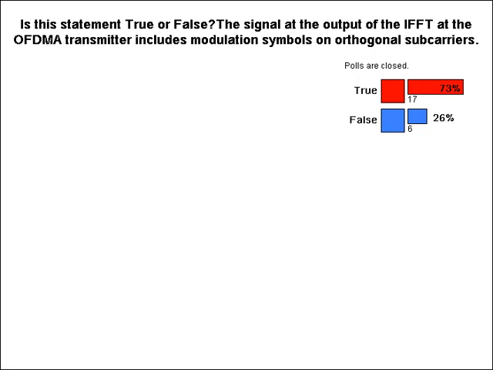So when you consider all those samples together during the symbol time period, they represent modulation symbols, where each modulation symbol goes over one subcarrier. So if you were thinking along the same direction, but you chose false because of the word include, that is fine. As long as you know the concept, I am fine with that.